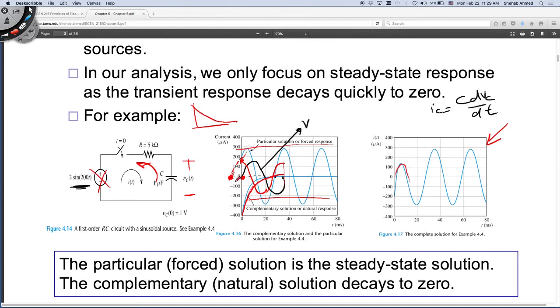So here they added the forced response. You remember the last transient response we had the forced response and natural response. Here it's the same. We have a forced response due to having a source.